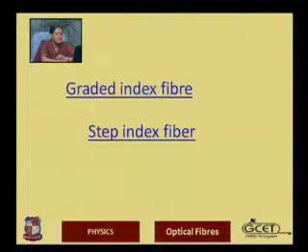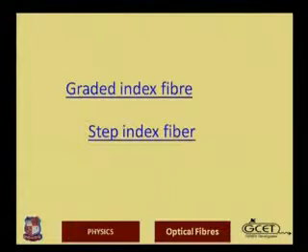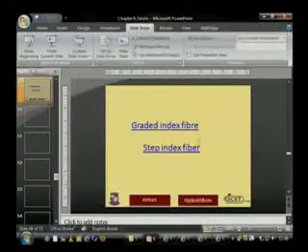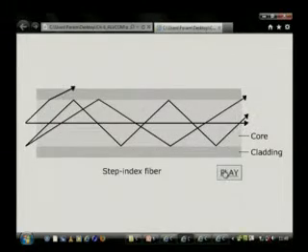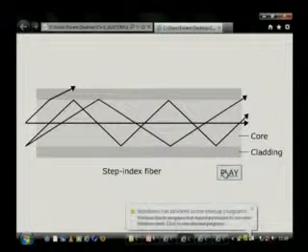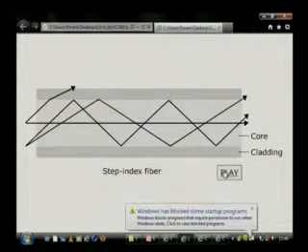Now, what is graded index fiber and what is step index fiber? One can see in this link. See, this is the step index fiber. How does it work? It gives a perfect angle of reflection at the core-cladding interface.